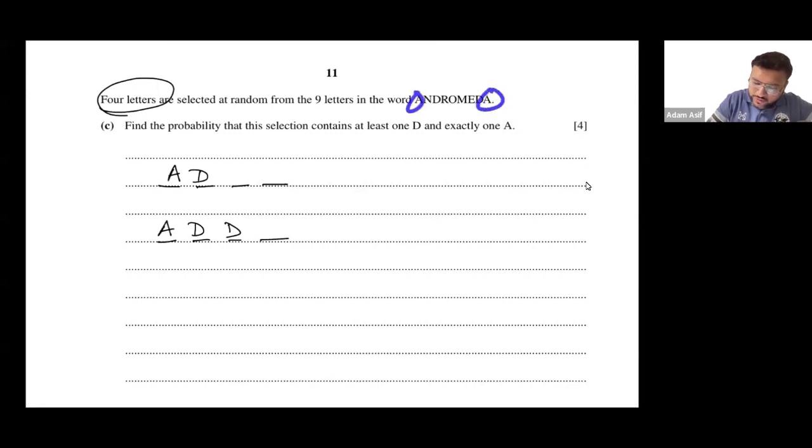Out of these two A's, any A can come over here. Okay. So that is 2C1. But since it's a probability question, we have to select the repeated letter as well. Out of two D's, any one D can be accompanied. And out of the remaining five letters, any two letters can be selected. So that is going to be 5C2 into 2 into 2, that is 40 selections.